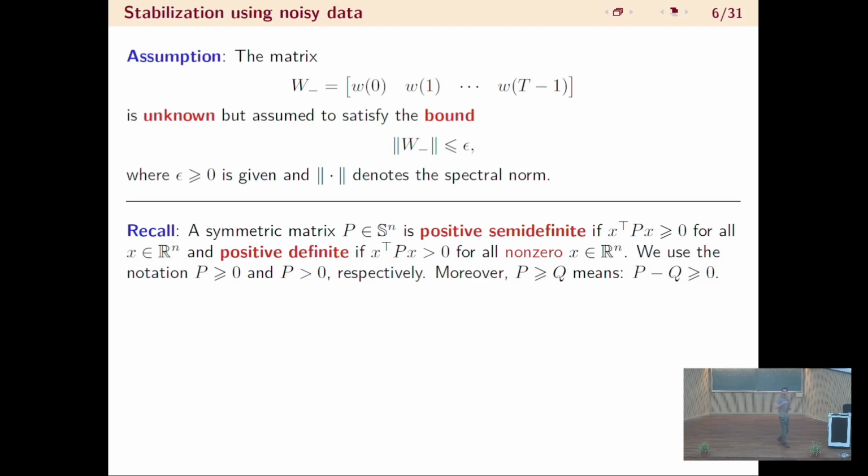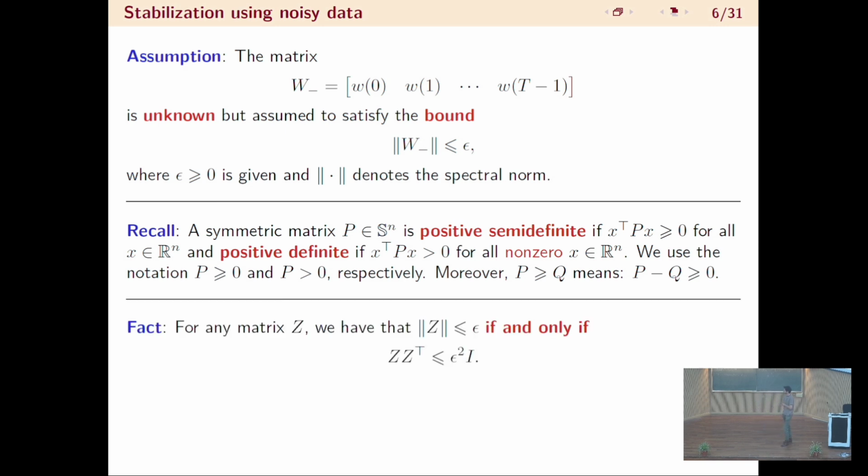Similarly, you can define these notions for negative semi-definite and negative definite matrices. A matrix will be negative semi-definite if x transpose Px is less than or equal to 0 for all vectors x. So, what's the point? There's this nice if and only if condition for the norm of a matrix Z to be less than or equal to epsilon.